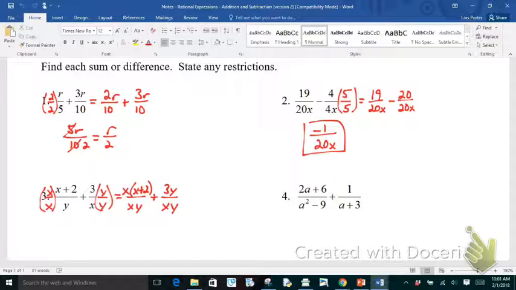As we move forward, we can distribute that and see if it takes us somewhere. Let's see if there's any like terms we can combine when we distribute this x into x plus 2. So that will give us x squared plus 2x plus 3y all over xy, and that's about all that we can do here.